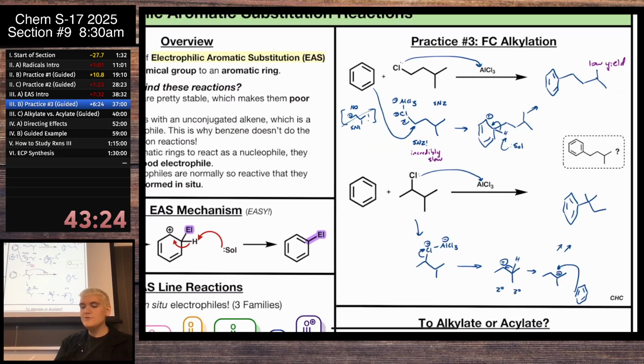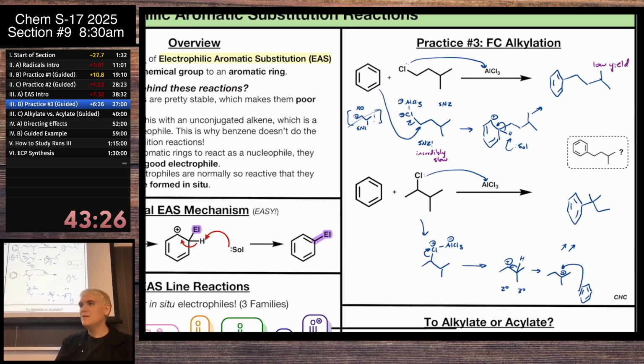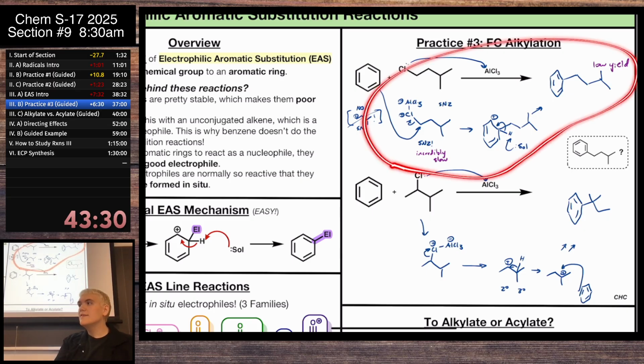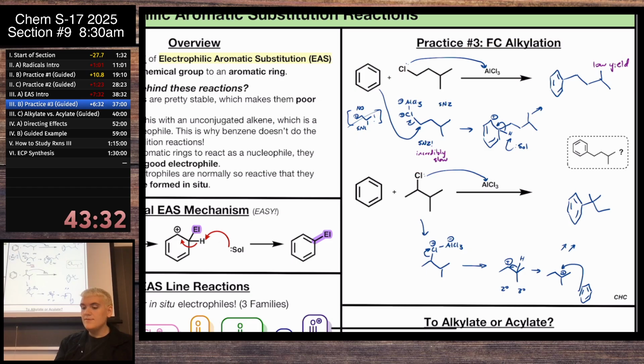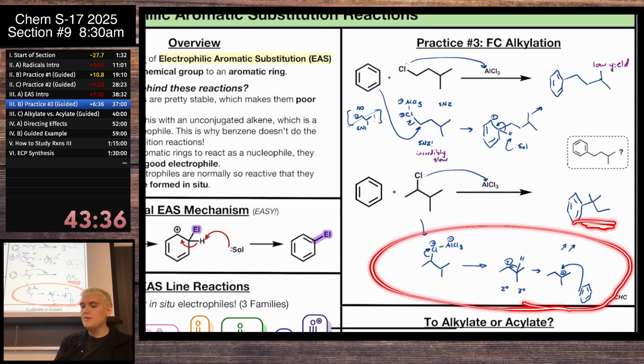So essentially I just showed you 2 things that are not great, right? Sometimes this is very, very slow for the Friedel-Crafts alkylations. Sometimes this is going to rearrange and not get the thing that we want. So how could we get this thing that we do want in a high yield?